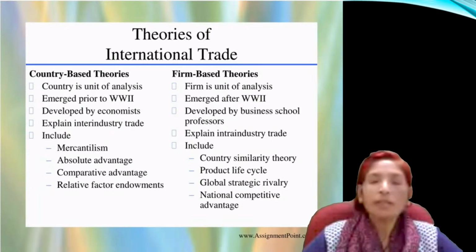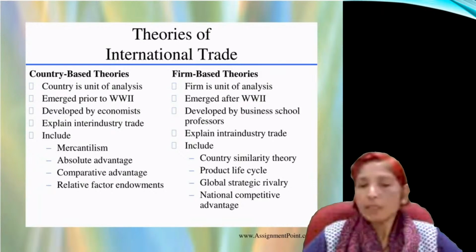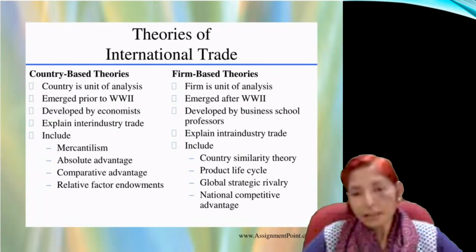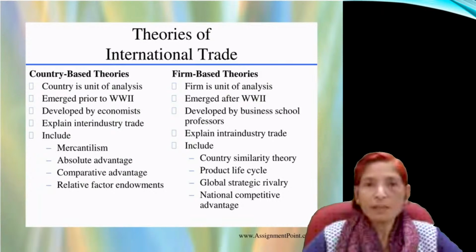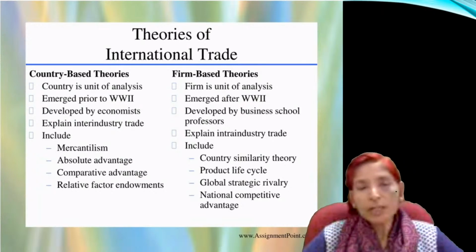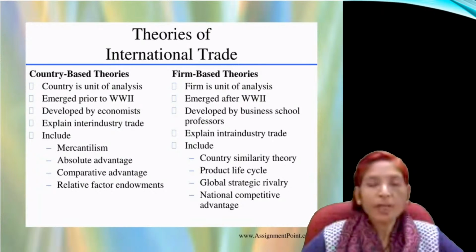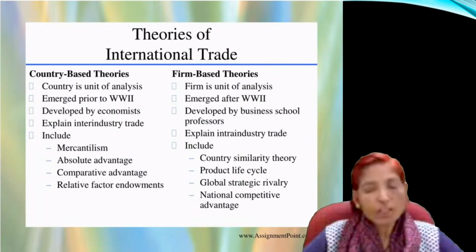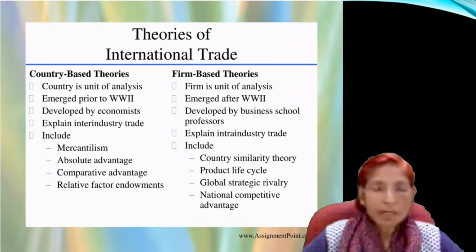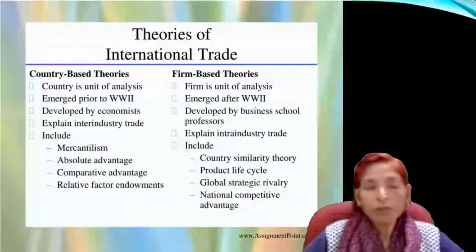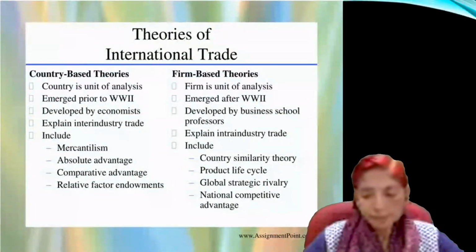It includes country similarity theory, product life cycle theory, global strategic rivalry, and national competitive advantage theory. So, theories of international trade can be broadly classified into two main categories, country based theories and firm based theories, which are very important and help in understanding the concept of international trade.